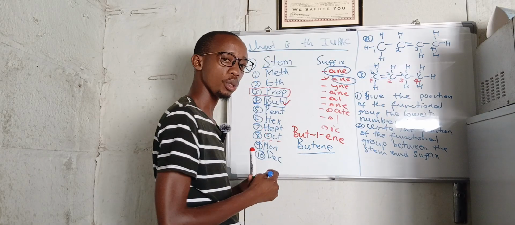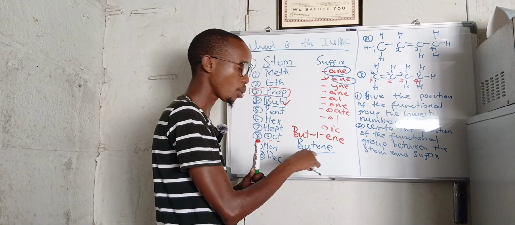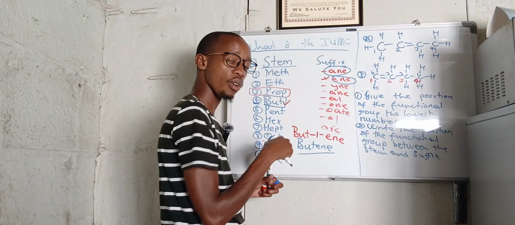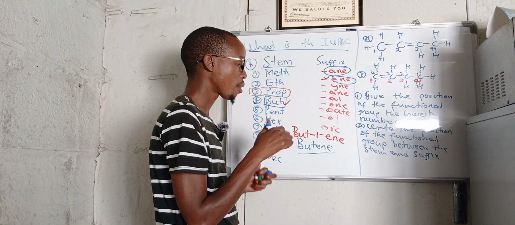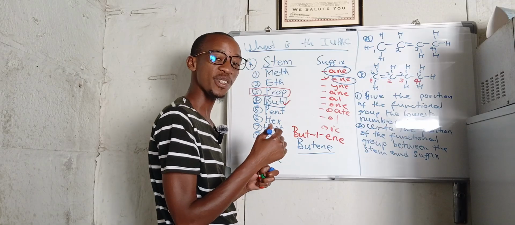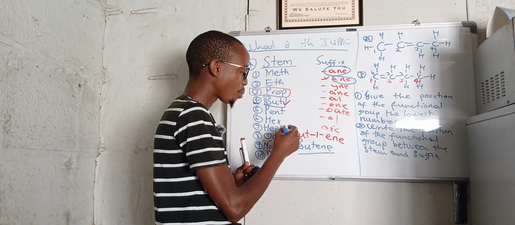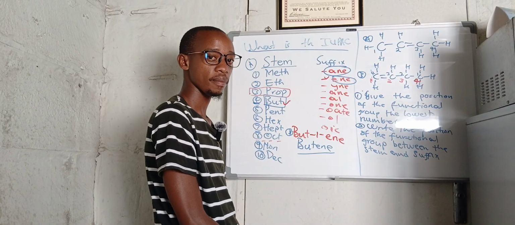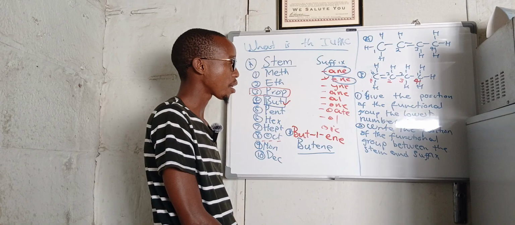The examiner will know that when he or she wrote butene, the position of the double bond is at carbon number 1. But if you do not trust that, you can continue with your but-1-ene. Then that is that.